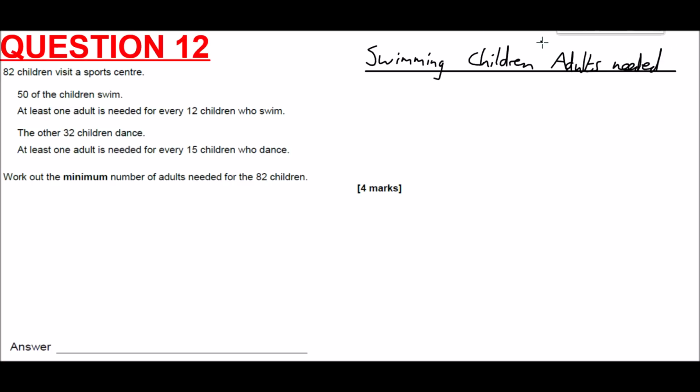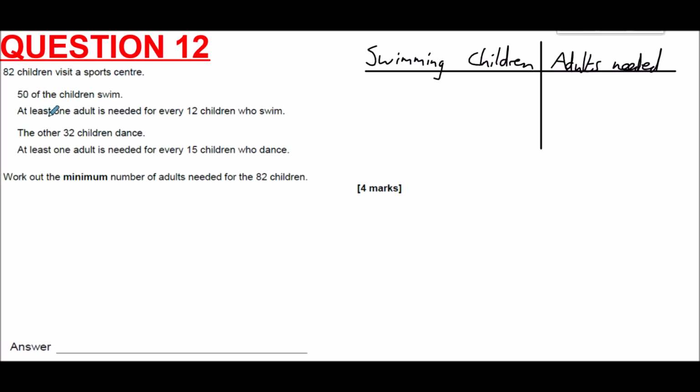And so if we have this in some sort of table, for example, swimming children and adults needed, then we can build it up to how many adults would be needed for 50 children.